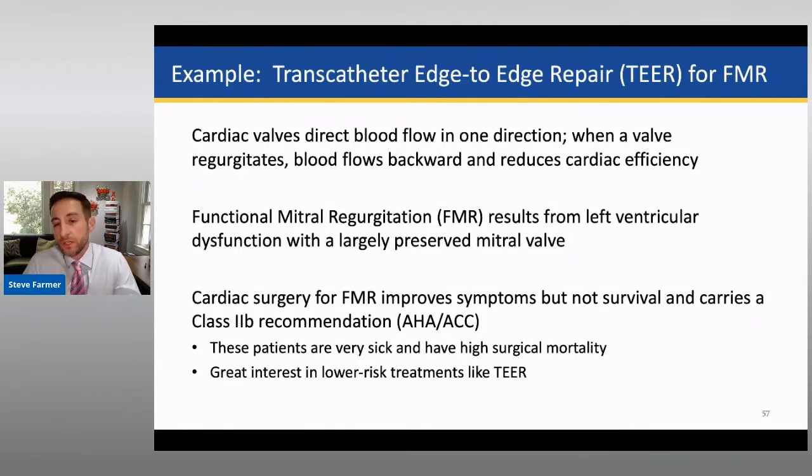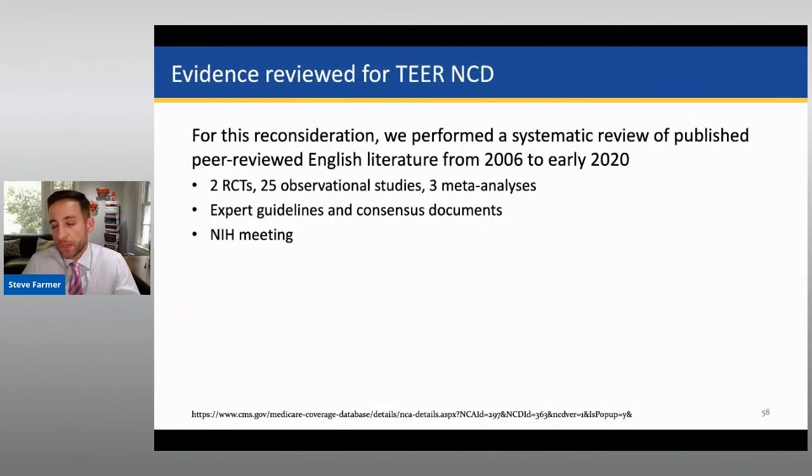So moving to the evidence reviewed for the TEER NCD slide, TEER was already covered for degenerative MR, which is a circumstance where the valve itself is damaged, and the reconsideration expanded coverage to mitral regurgitation resulting from heart failure. For the reconsideration, we performed a systematic literature review that identified 2 randomized controlled studies, 25 observational studies, and 3 meta-analyses.